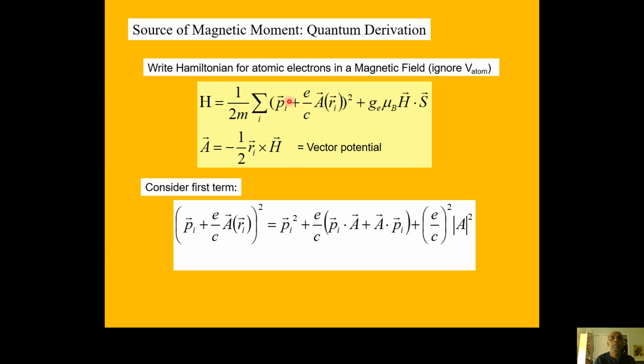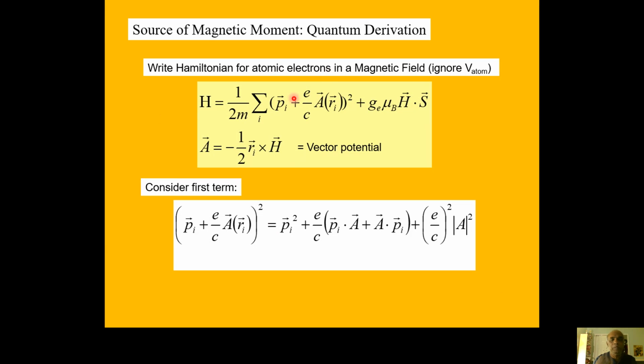So that is your p squared divided by 2m, the kinetic energy term, plus the next energy, which we can write as the magnetic field interacting with the spin. Later we will find this part will have the orbital angular momentum itself, because that's a kinetic term, right?